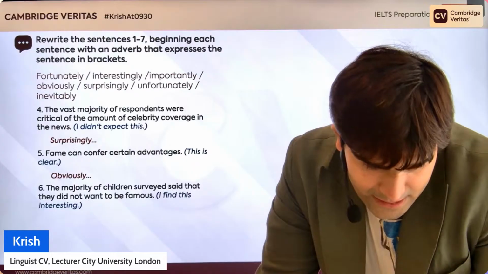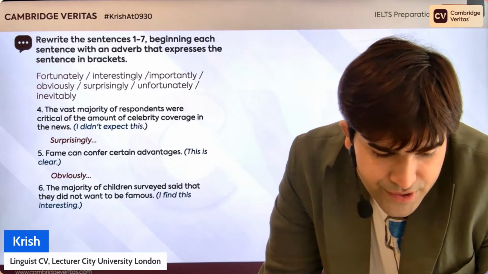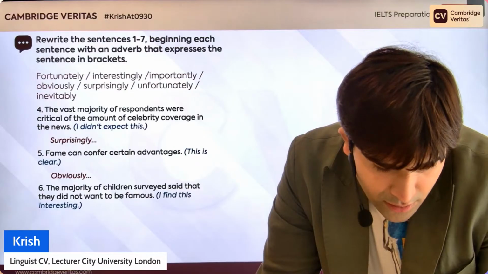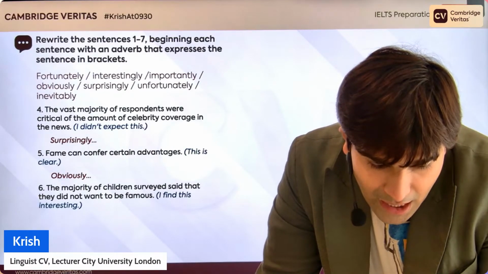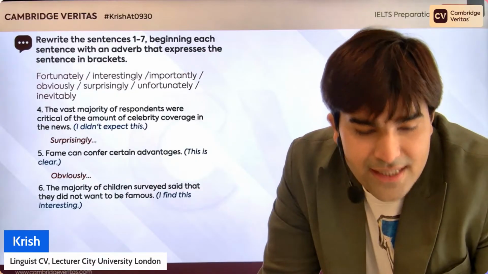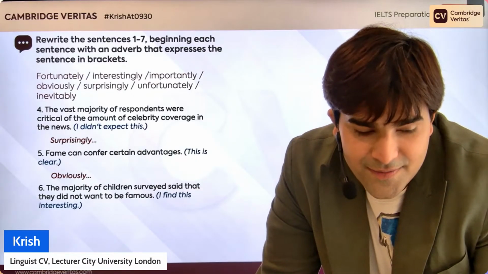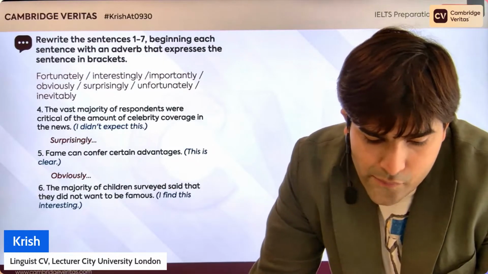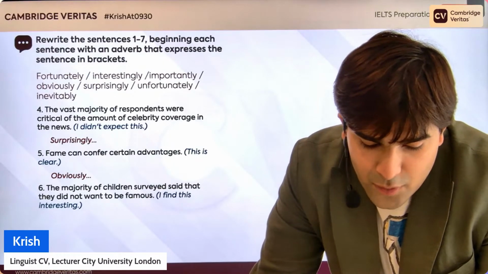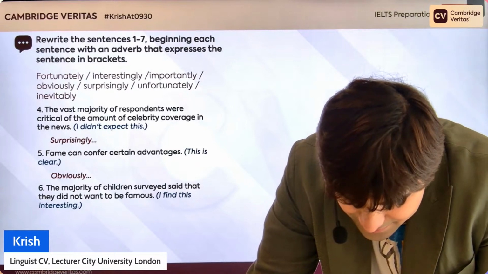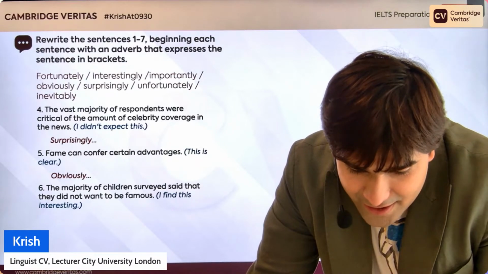Number 6. The majority of children surveyed said that they did not want to be famous. I find this interesting. So the answer is in the question itself. What do you think is the answer? Waiting for somebody to write it. Oh, Divya, come out of it.